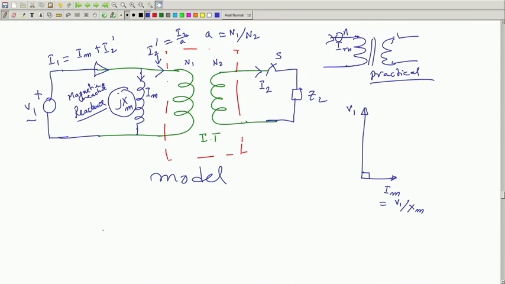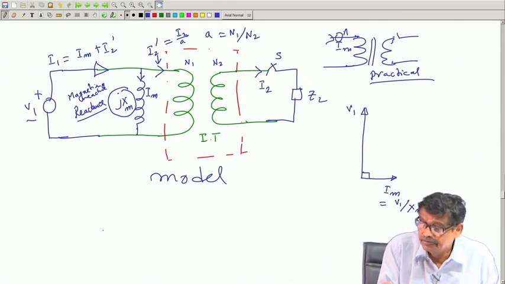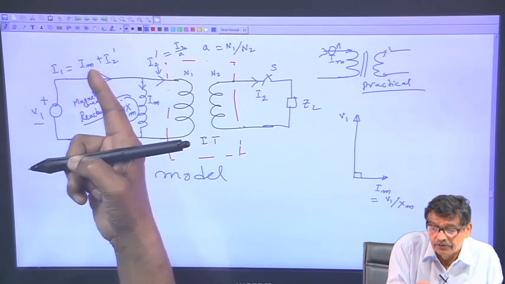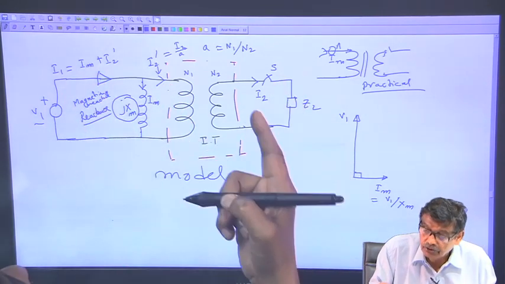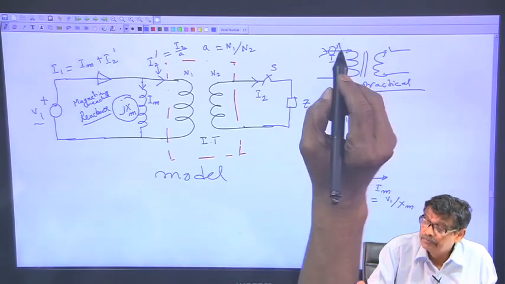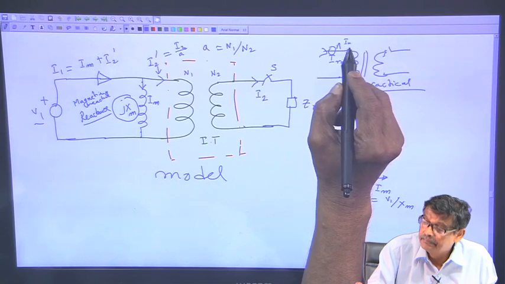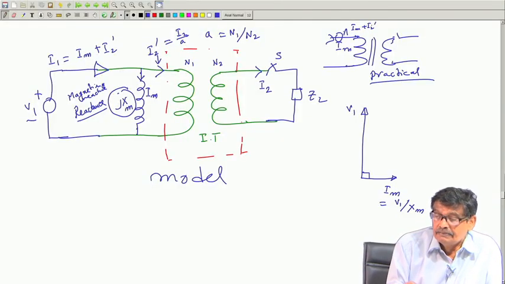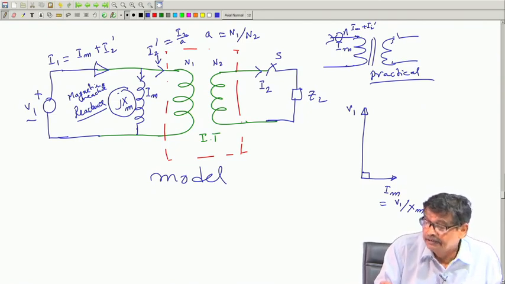With S open, current drawn is Im, because there was no I2, there is no I2 dashed, so I1 is equal to Im. With S closed, the current in a practical transformer, we have seen, is Im plus I2 dashed. Yes, it is correctly representing.